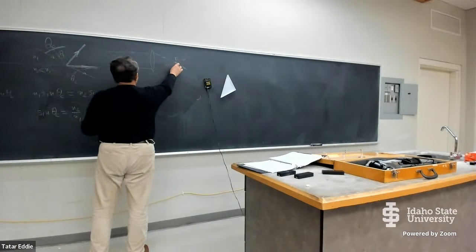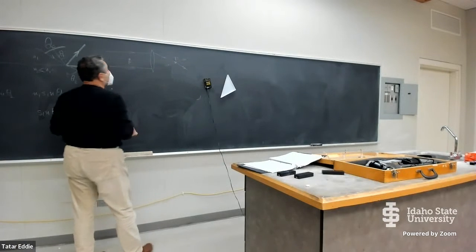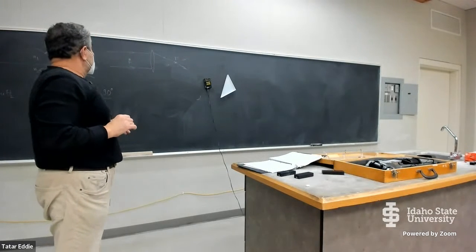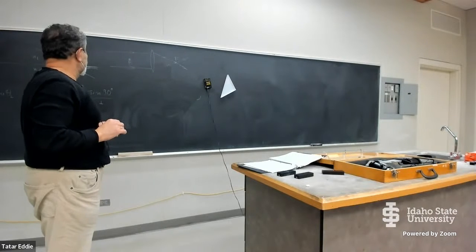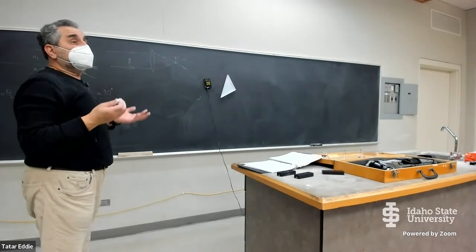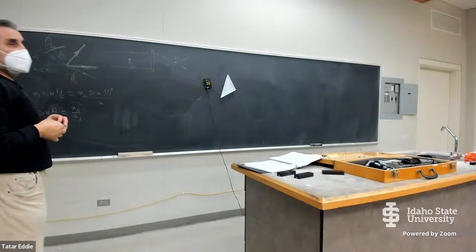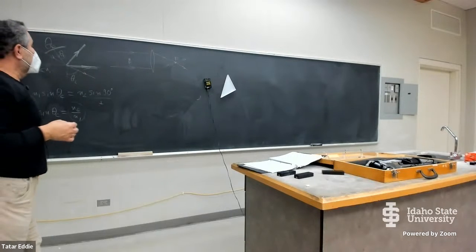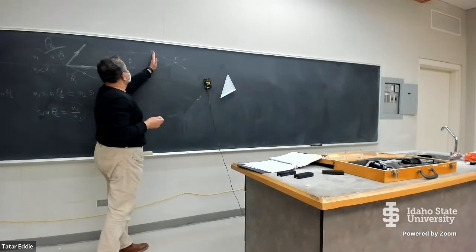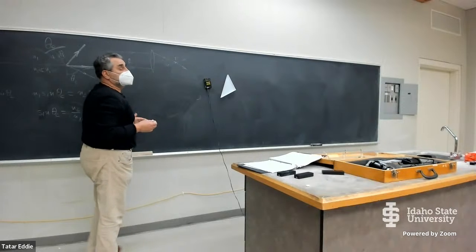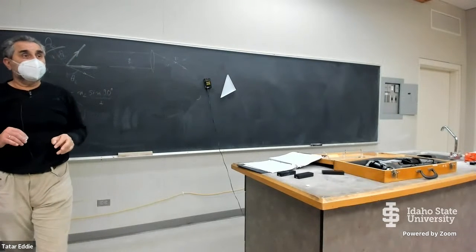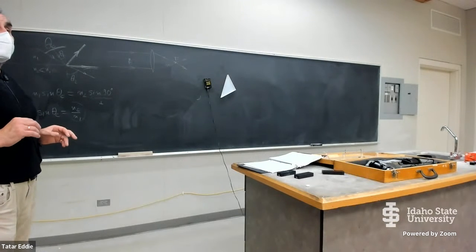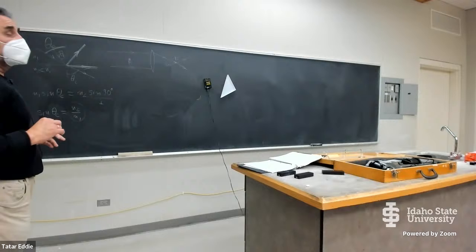So you have a focal point on this side, and another focal point on this side. Are those equidistant from the lens? Yes, they are. The distance between the lens and the focal point is what we call the focal length of the lens.